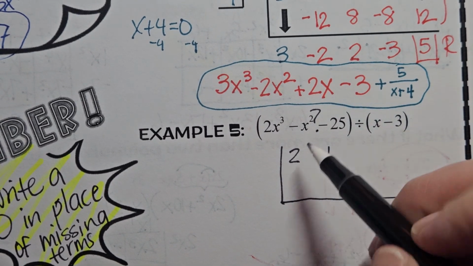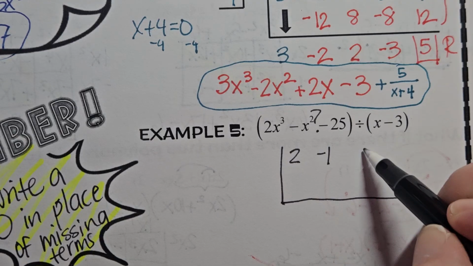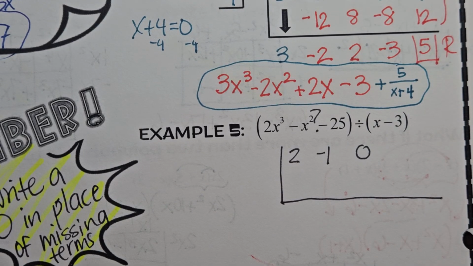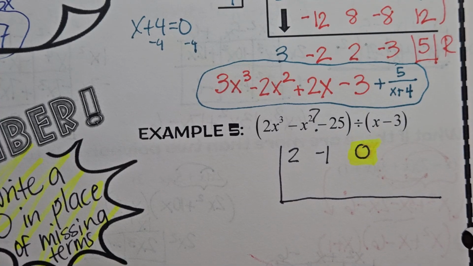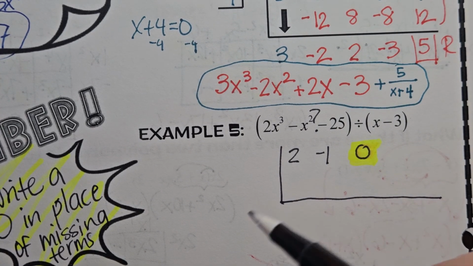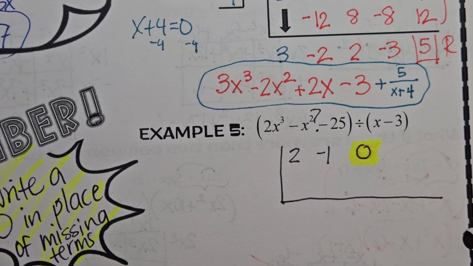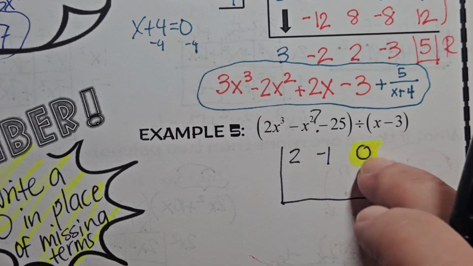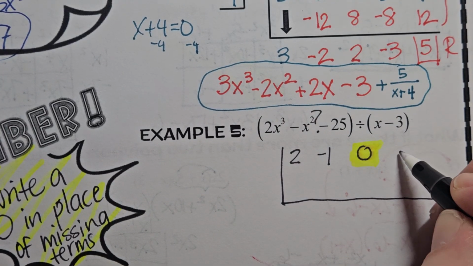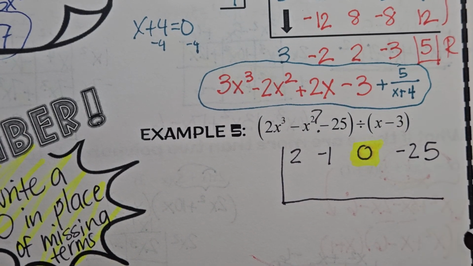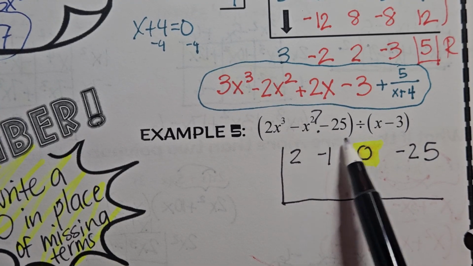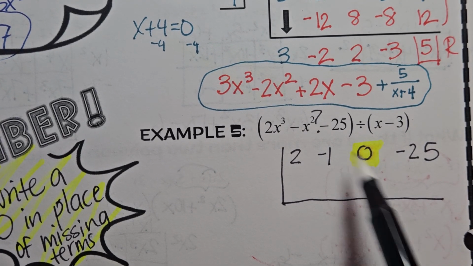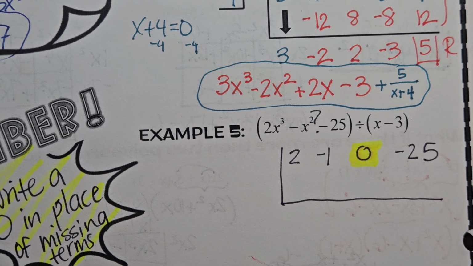Where the x term should be is right here. There's not one, so we put a 0 in its place where that term was missing. If you've got a polynomial with missing terms, that's what you do. You have to put a placeholder, but it's a 0 since there's nothing in that term. And then our last one, negative 25. So 3, 2, 1, we put a placeholder in the 1 exponent and then 0 exponent.